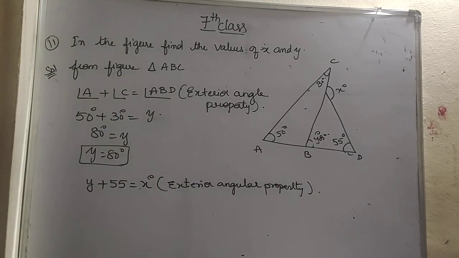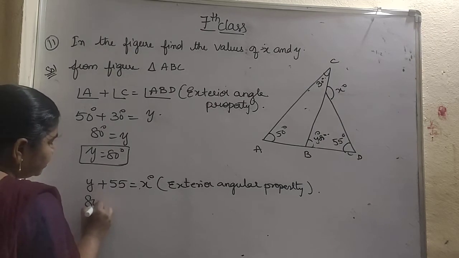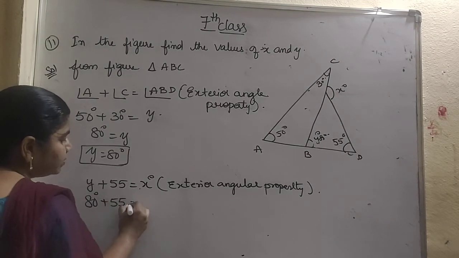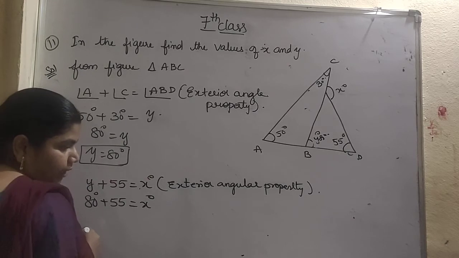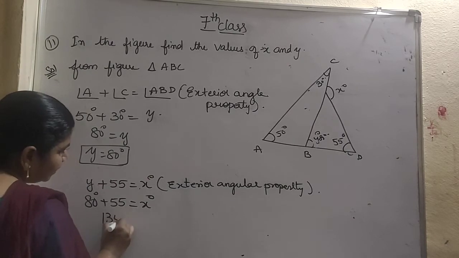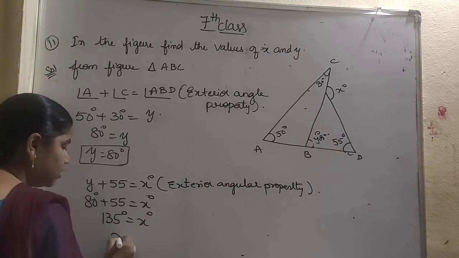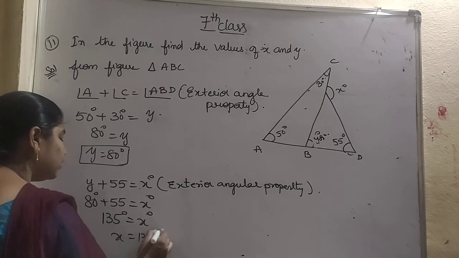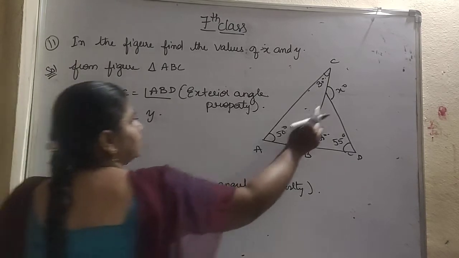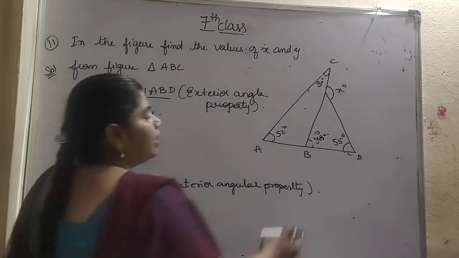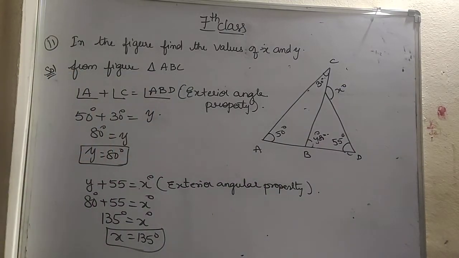Okay, so now y is nothing but 80 degrees plus 55 is equals to x degrees. 80 plus 55 is how much? 135 is equals to x. So x is how much here? 135 degrees. So here x value we got as 135 and y value we got as 80 degrees.